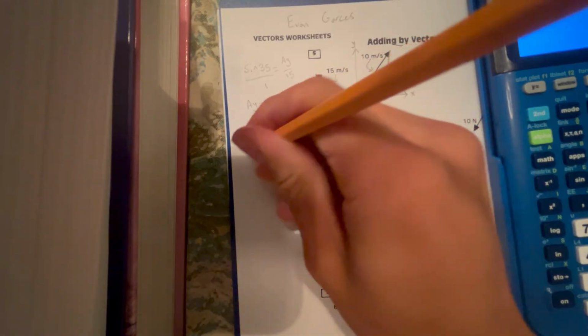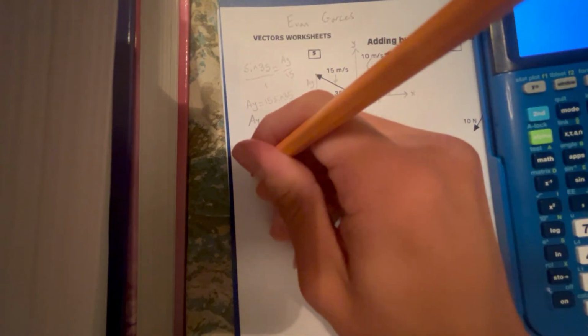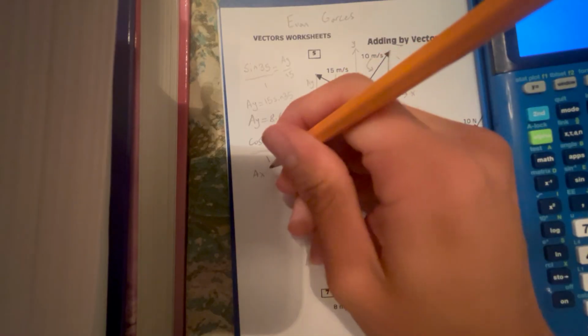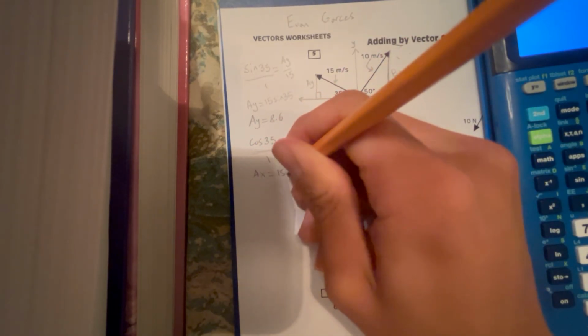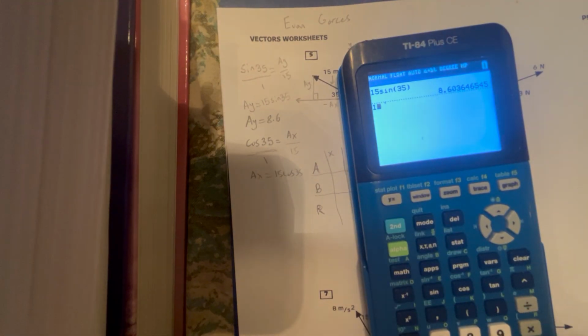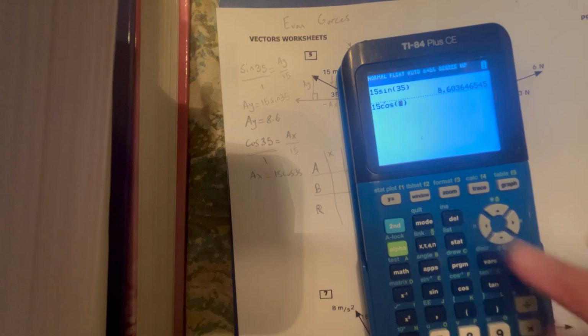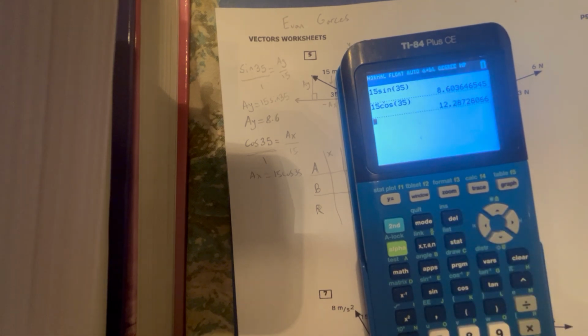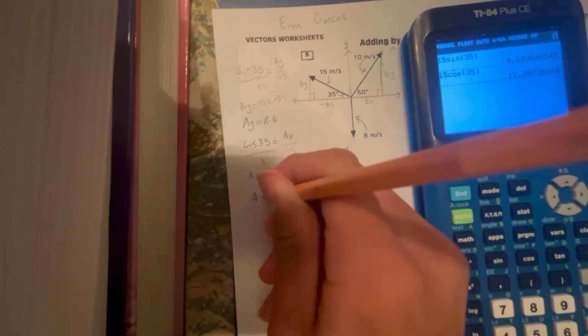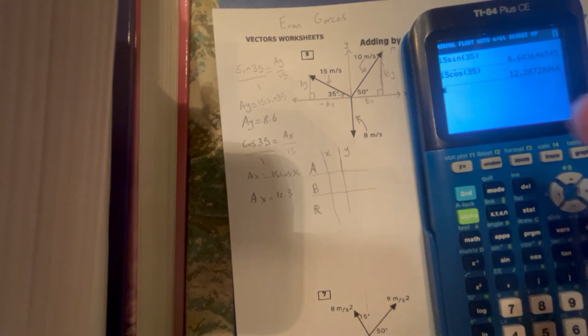You do the same thing and cross multiply, and you get A of X is equal to 15 cos 35, which is 12.287, a big number. Just say A of X is equal to 12.3. It's going to be negative because it's on the left side of the x-axis. On the left, it's always negative, like on a number line.